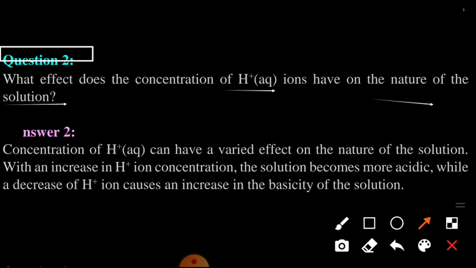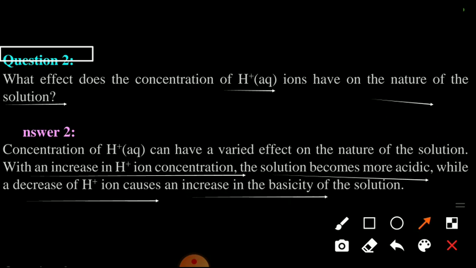As their concentration will decrease, acidity will decrease, or we can say basicity will increase. So in the answer we can write: concentration of H+(aq) ion can have a varied effect on the nature of the solution. With the increase in H+ ion concentration, the solution becomes more acidic, while a decrease of H+ causes an increase in the basicity of the solution.